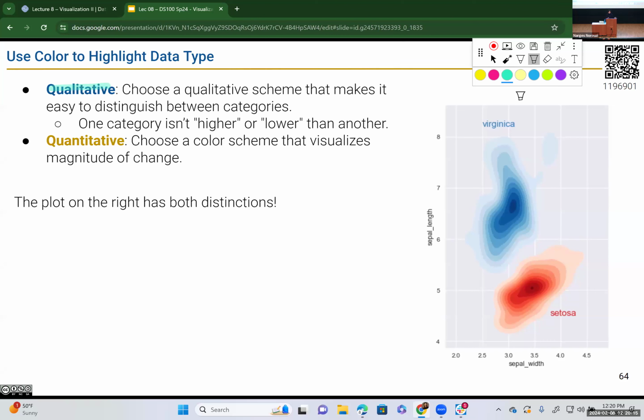For example, here, when I'm showing Virginica and Setosa, I'm using entirely different colors, one blue and one red. But if I'm going to show intensities or quantitative values, I'm going to visualize them with a color scheme that can visualize magnitudes. So you see that the magnitude of blue changes from the outer part to the inner part, showing that the magnitude increases at the center.